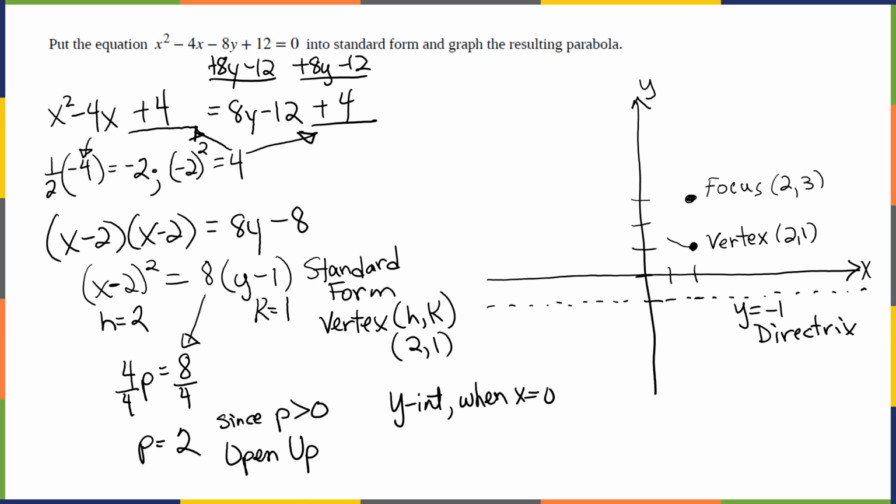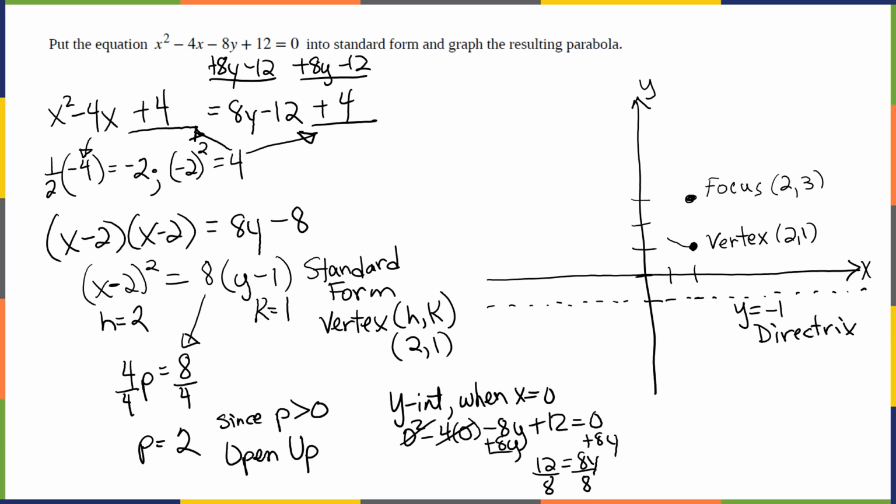So if I substitute that into the original equation, 0 squared minus 4 times 0 minus 8y plus 12 equals 0, these go to 0. I could add 8y to the other side. 12 equals 8y. Divide by 8 on both sides, and then reduce.